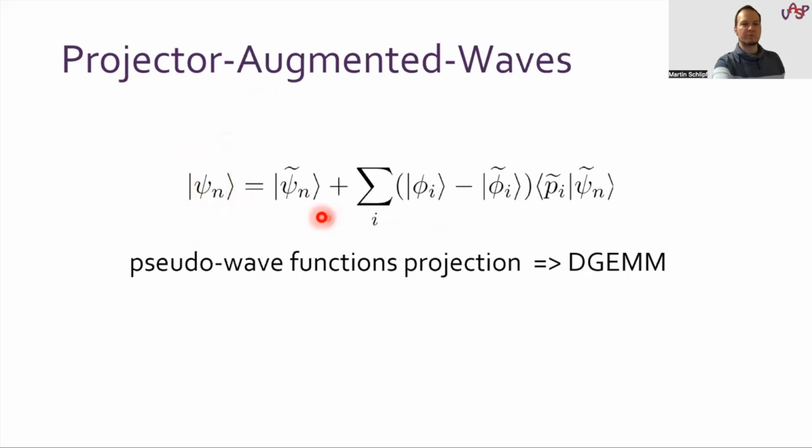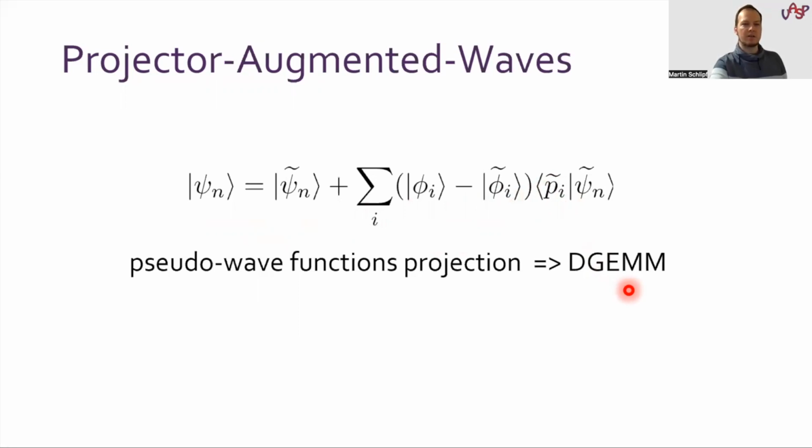And to do so, we project this pseudo orbital onto some projectors that are defined in your PAW potential. This projection then gives us information about how much of the pseudoized atomic orbital we need to replace with a true atomic orbital. And in this way, we can then recover the true atomic orbital. And this projection method in reciprocal space can be done by a matrix-matrix multiplication. For this, we use efficient BLAS routines.